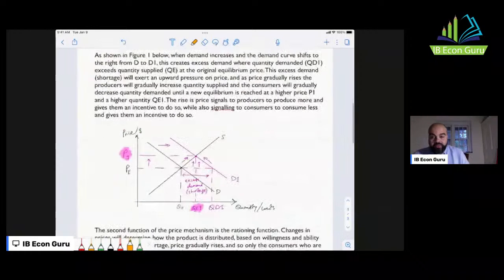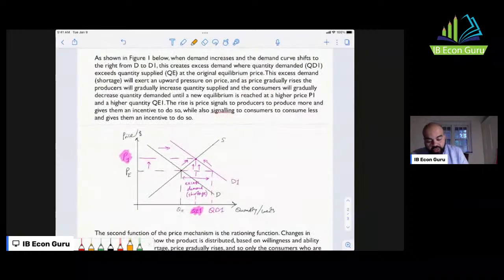Then I've drawn and explained my diagram. As shown in figure 1 below, when demand increases and the demand curve shifts to the right from D to D1, you'll notice I'm using the same labels I have in the diagram. This creates excess demand, which I've labeled in the diagram, where quantity demanded, QD1, exceeds quantity supplied, which was the original equilibrium quantity at the original equilibrium price.